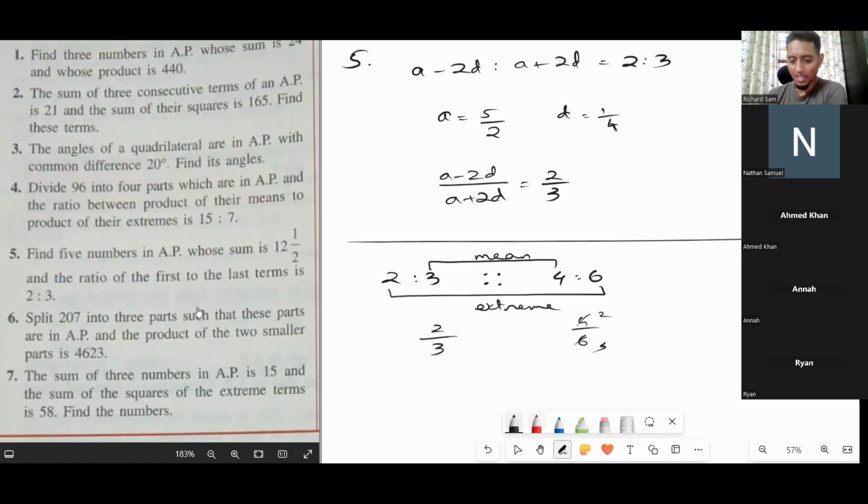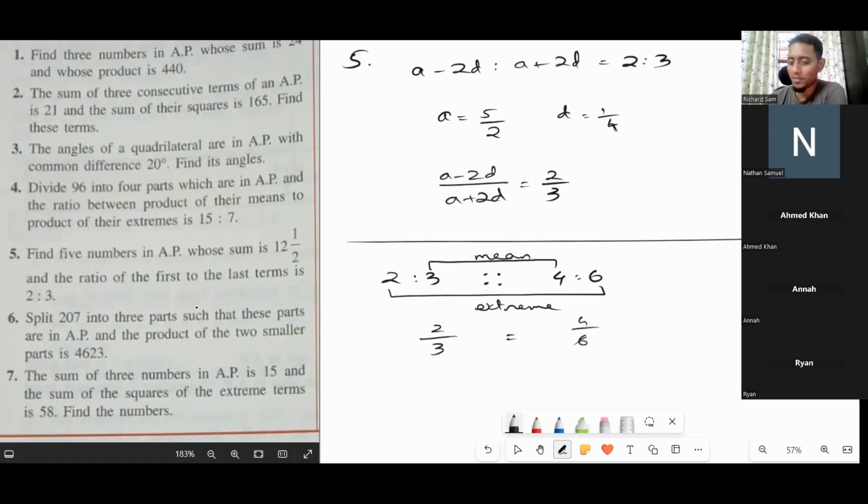Now, let us look at the cross multiplication for this. And by the way, 'is as' means equal to. Suppose I say 2:3 is as 4:6, it means 2 upon 3 is equal to 4 upon 6.